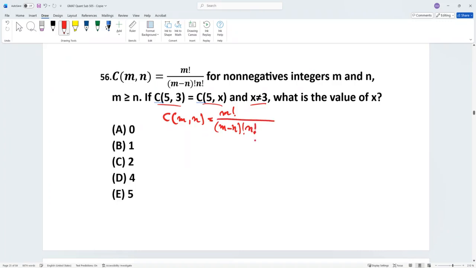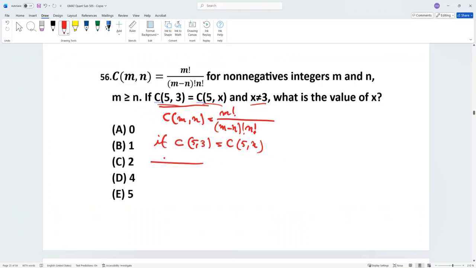Okay, so we are given C(5,3) equal to C(5,x).